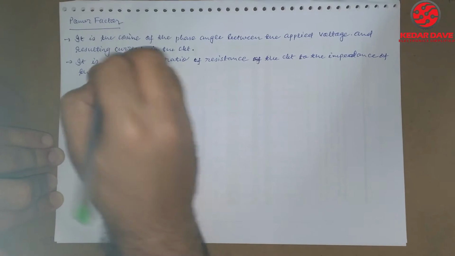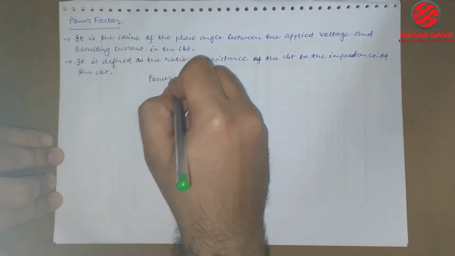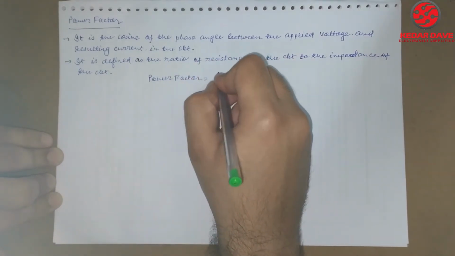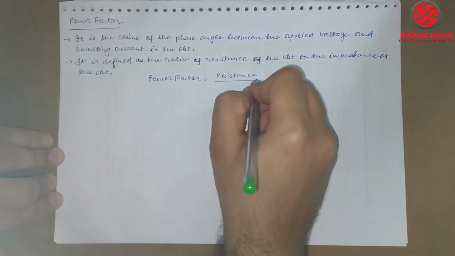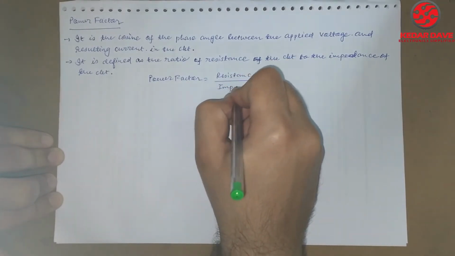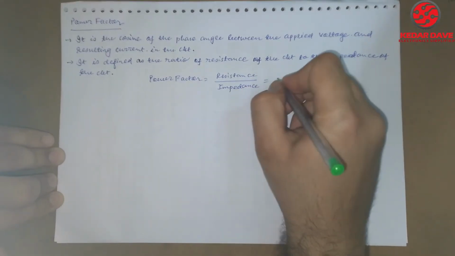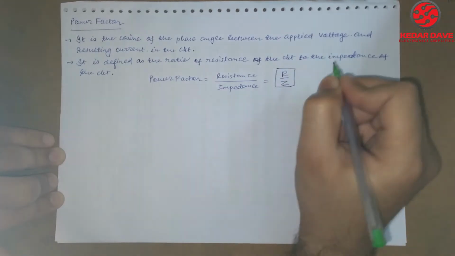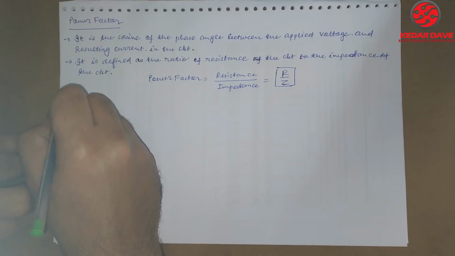Okay, so power factor is equals to resistance divided by impedance is equals to R by Z. Okay, so that is the idea of the power factor.